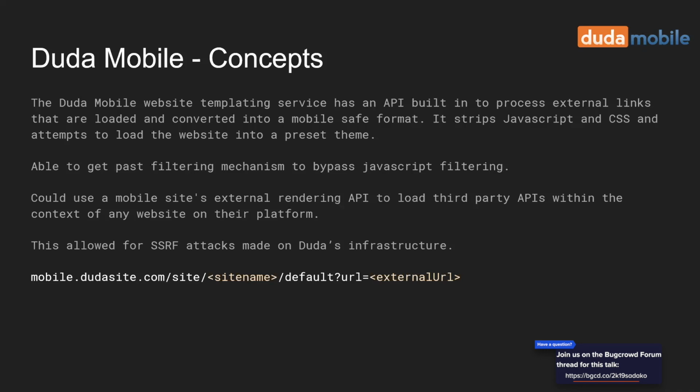So there were about 30,000 websites, and you could do the same thing to just load arbitrary URLs into the template of the website. And so this allowed for SSRF attacks also on Duda's infrastructure, as well as loading some of their internal resources as well.